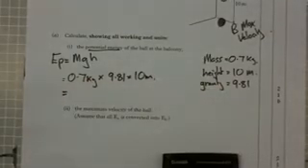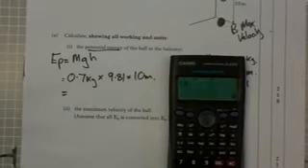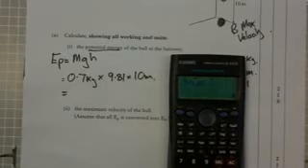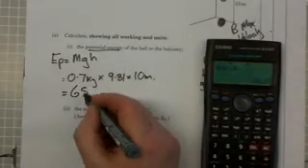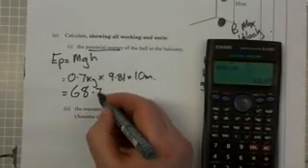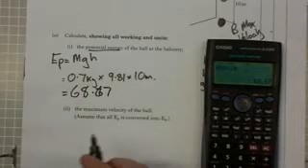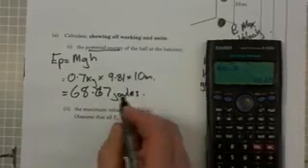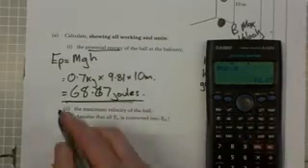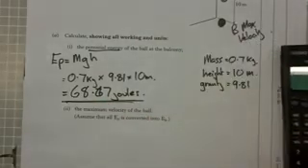Now it's time to get the calculator out. 0.7 times 9.81 times 10 equals, and my answer is 68.667, and the units of energy are joules. Okay, so that's my maximum potential energy.